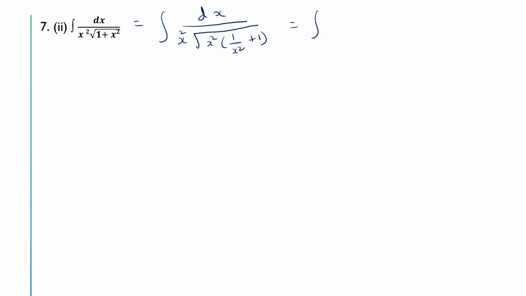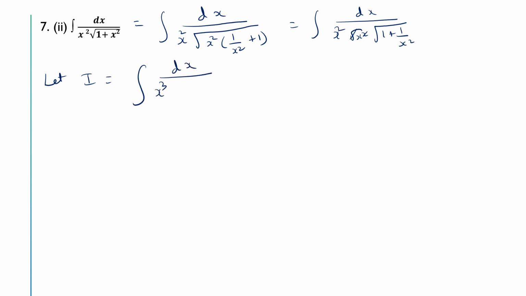So this is equal to integral dx by x square into root of x square into root of 1 plus 1 by x square. So root and square will go, so x square into x will be x cube. So let I is equal to integral dx by x cube into root of 1 plus 1 by x square. So again we can make the same substitution, put 1 plus 1 by x square as t.